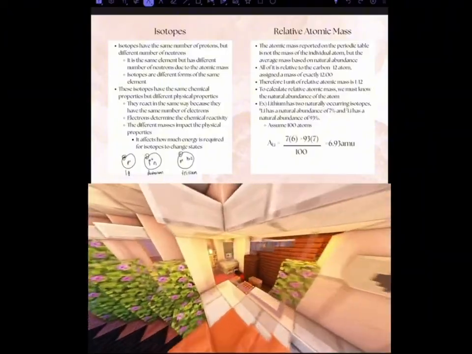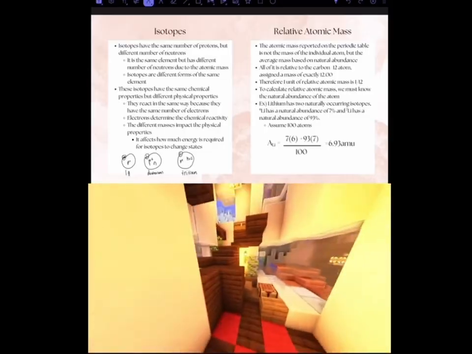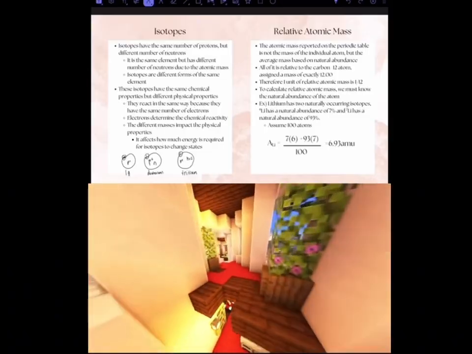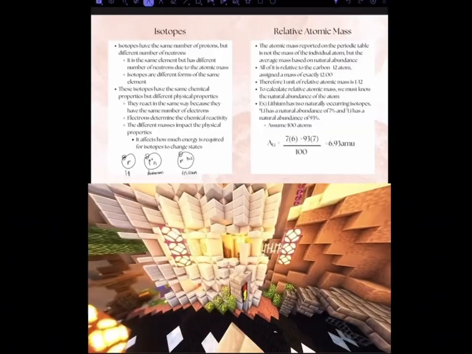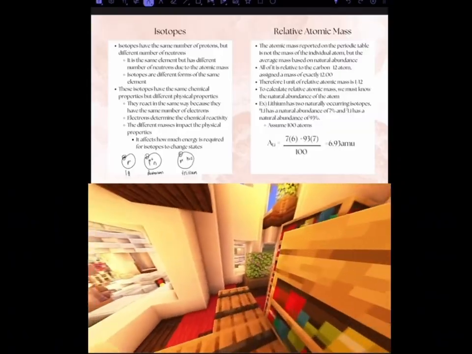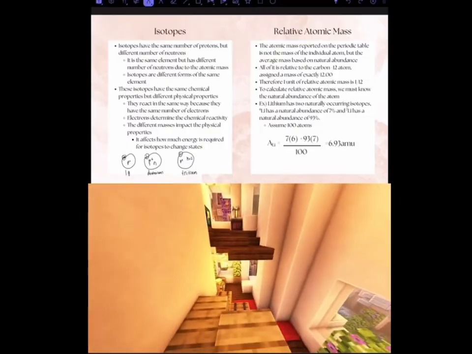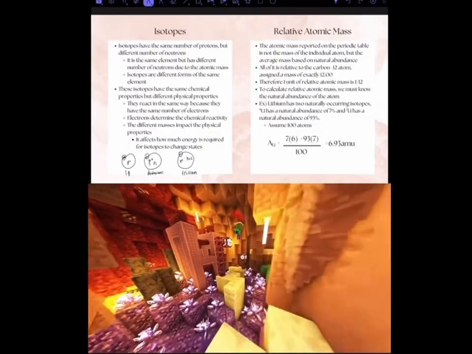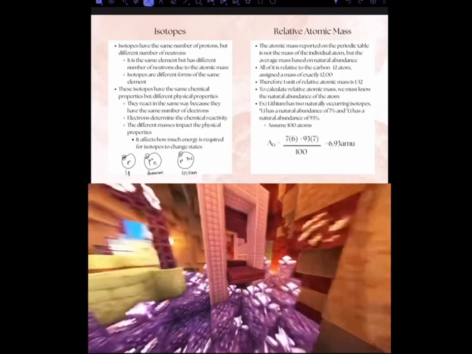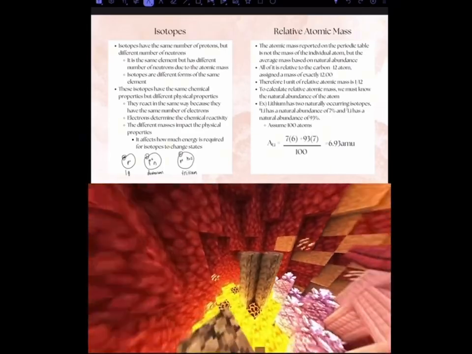And then relative atomic mass. The atomic mass reported on the periodic table is actually just an average, based on natural abundance, of the mass of elements that we find in the natural environment.